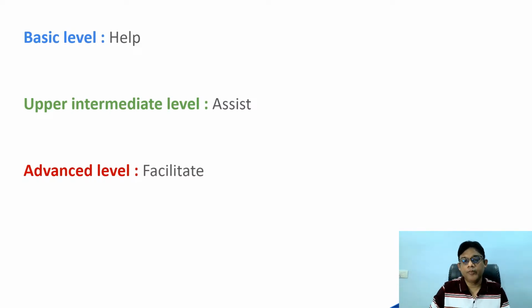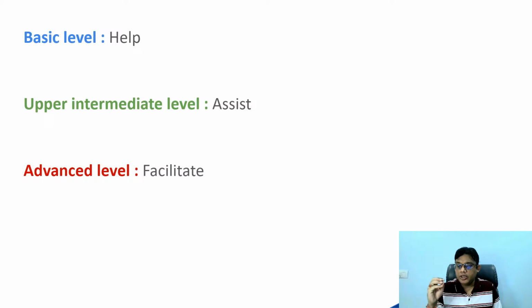Either make a sentence with the word assist, which is more intermediate level, or with the word facilitate. How can I assist you on this? Yes. Use the more advanced word, facilitate. Ramesh facilitated me during the exam preparation.